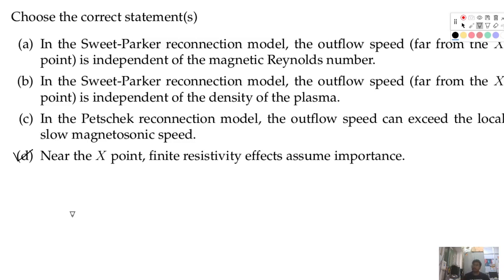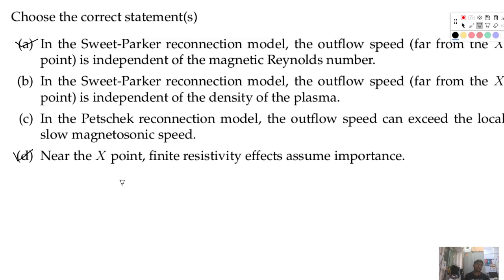If you remember, the magnetic Reynolds number depends upon the velocity, length scale and magnetic diffusivity, and the outflow speed does not have any dependence on these parameters. Instead, it depends upon the Alfven speed. So the first one is correct because it does not depend upon the magnetic Reynolds number.